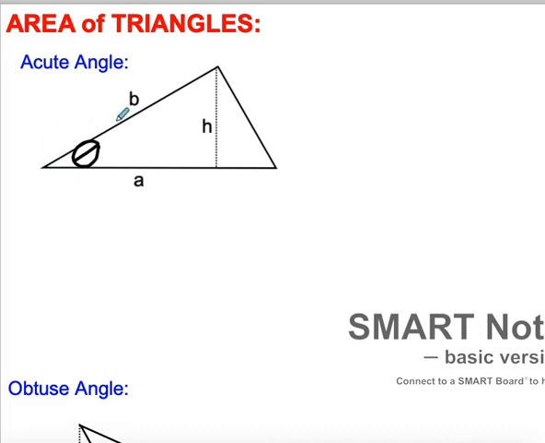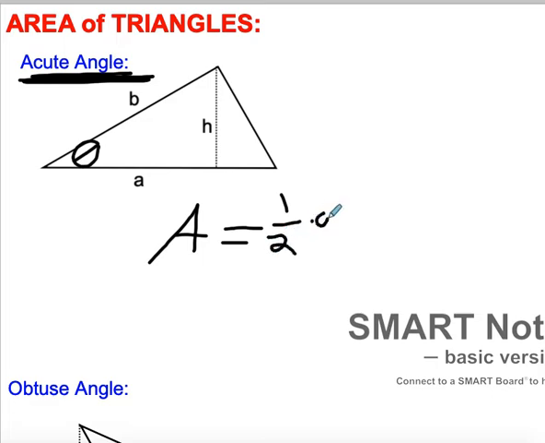We have two formulas for the area of a triangle. If we have an acute triangle, which means it's not obtuse, less than 90, the formula is A equals 1/2 a times b times sine of theta.